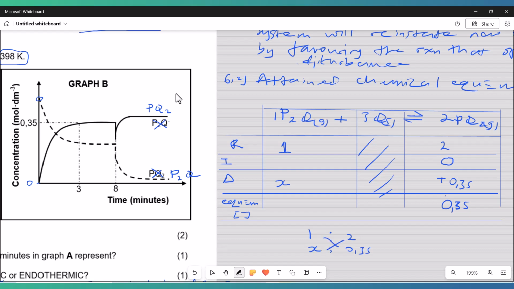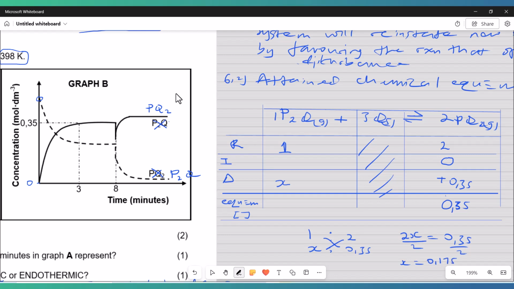If I cross multiply, I get 2x equals 0.35, so x equals 0.35 divided by 2. What do you get, guys? It gives me 0.175.